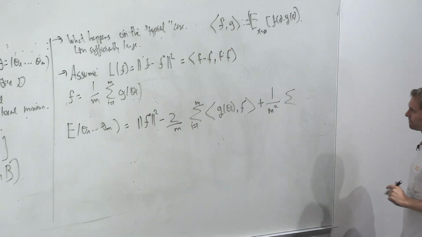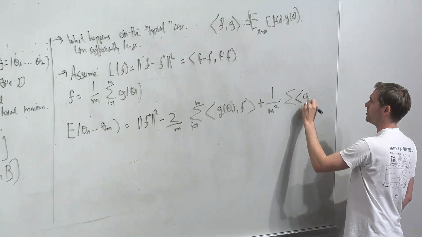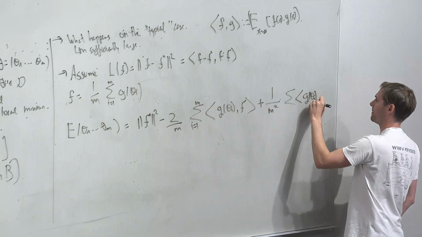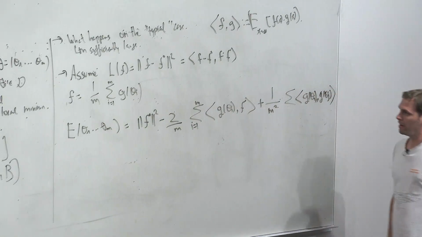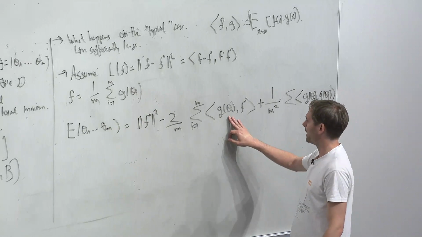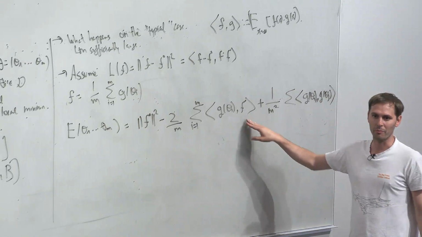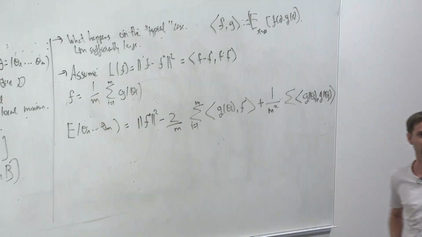And what do we have here? We have the dot product between g of theta i and g of theta j. Again, I'll drop the index on the argument because I hope it's clear from the context.